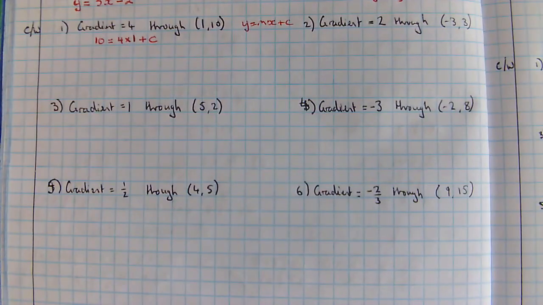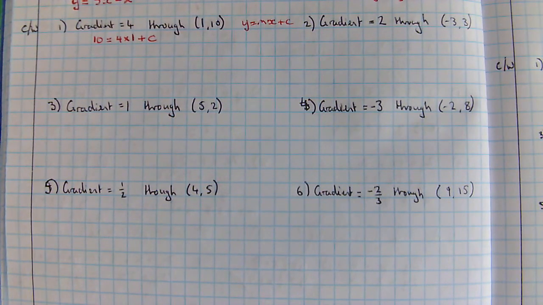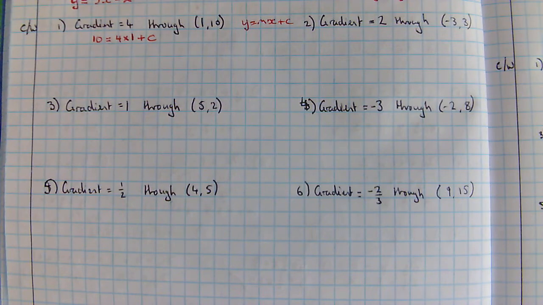Work out what c must be to make that true, and then rewrite your equation with your gradient and your y-intercept written in as numbers. Okay, pause the video now while you try and finish off question 1 and do the rest of the questions yourselves. When you're ready, press unpause to see the solutions.